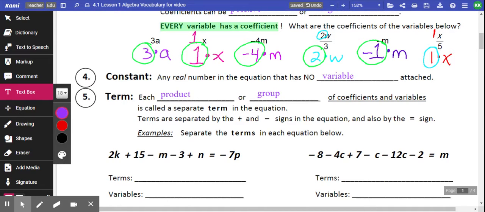They are separated by pluses and minuses in the equation, or they might be separated by the equal sign. So they're separated by pluses and minuses or the equal sign.